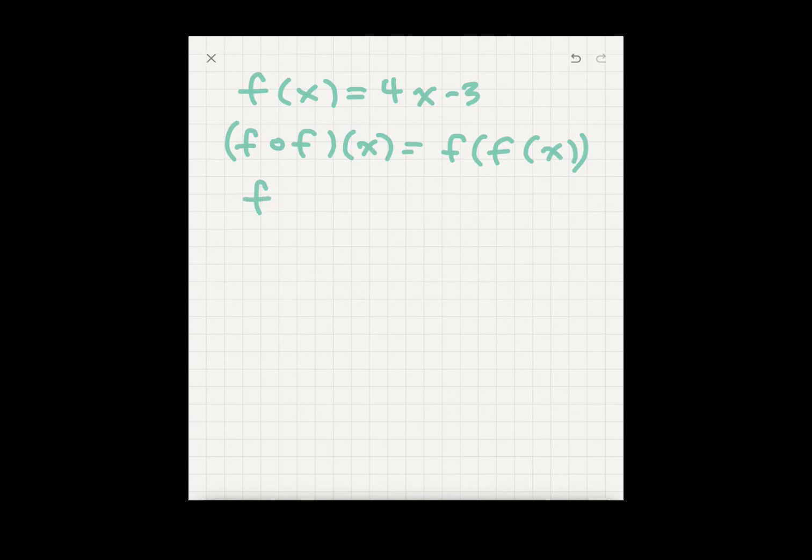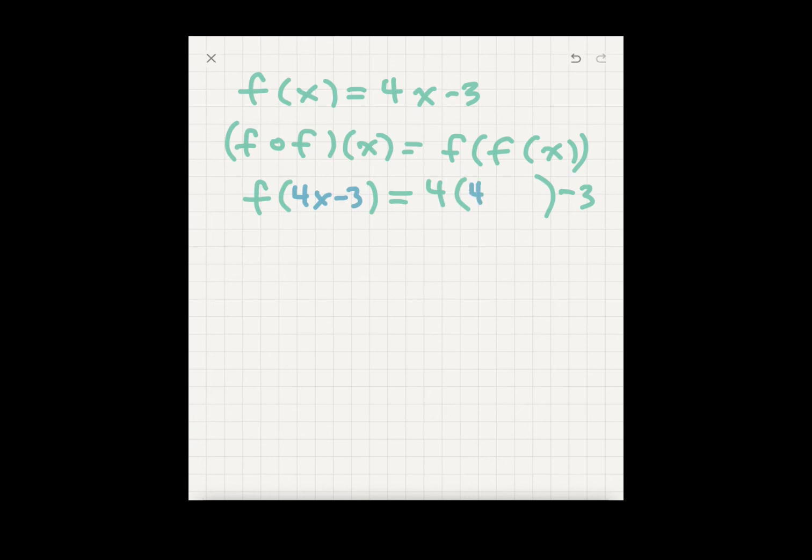So in this case, I'm taking f of something, and the function f tells me that I'm taking 4 times that something, and I'm subtracting 3. And so the something that I'm plugging into f is f of x, so I'm plugging 4x minus 3 in.